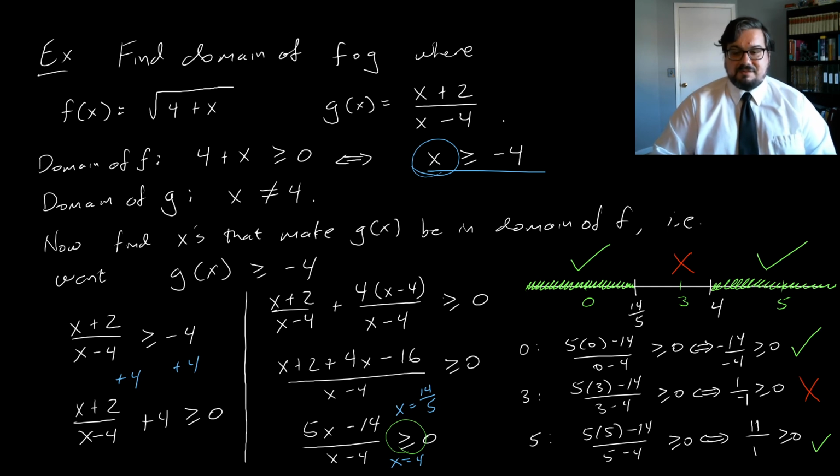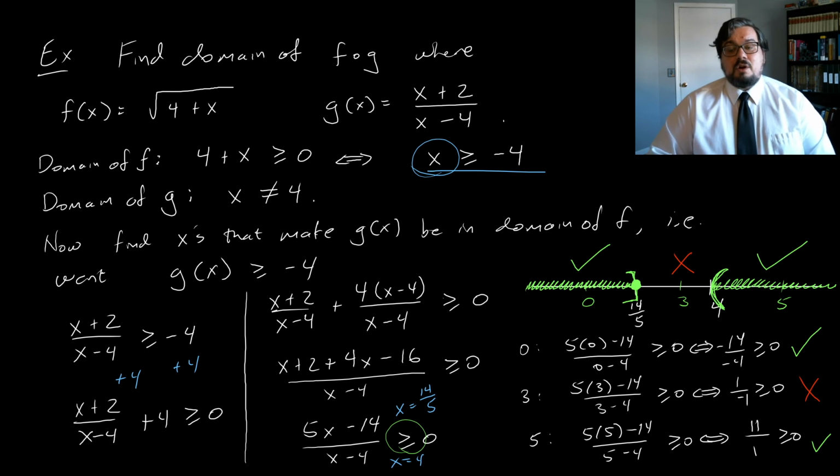So the 14/5 was the x value that makes the numerator equal to 0, and the numerator being 0 is fine. So we're going to include a solid dot there, or equivalently a square bracket. However, the x equals 4 portion came from the denominator, so that's not going to be included.